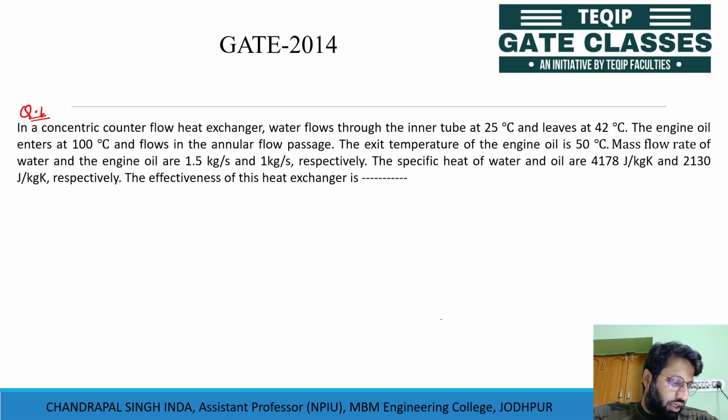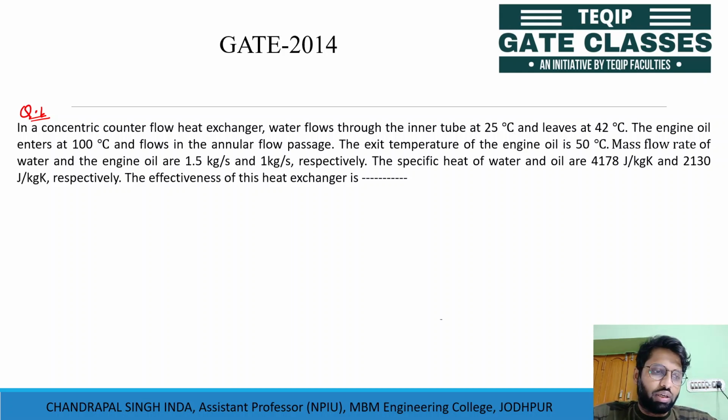It says that in a concentric counterflow heat exchanger, water flows through the inner tube at 25 degrees centigrade and leaves at 42 degrees centigrade. The engine oil enters at 100 degrees centigrade and flows in the annular passage. The exit temperature of engine oil is 50 degrees centigrade.